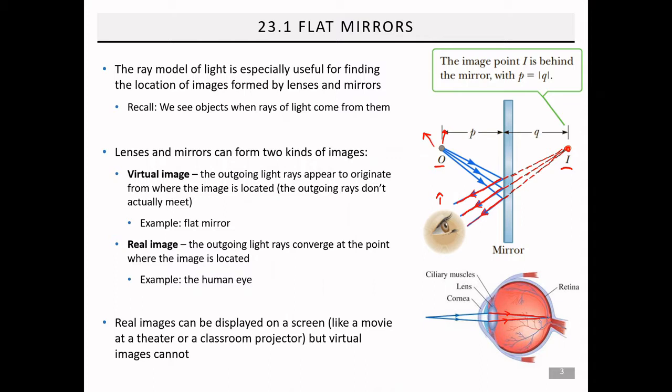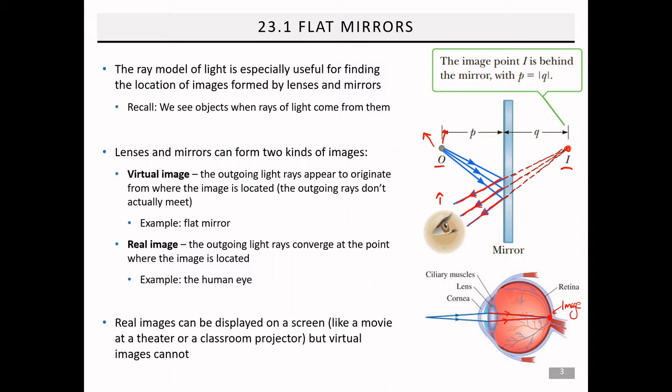These light rays actually converge on a single point. This will be the image location. In short, for a virtual image, the outgoing light rays do not actually meet. For a real image, the outgoing light rays do meet at a single point.